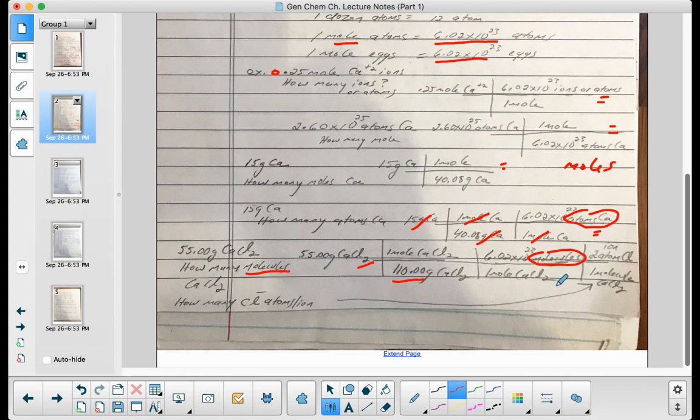So if I took everything that I did prior and I just multiplied by 2, then molecules would cancel with molecules and I'd end up with the ions of chloride and how many that would be. It would be a very large number if you calculated this out on your calculator. I'm going to stop there and I'll be back.